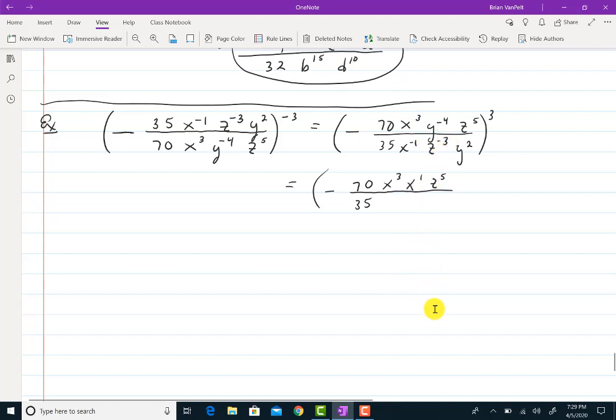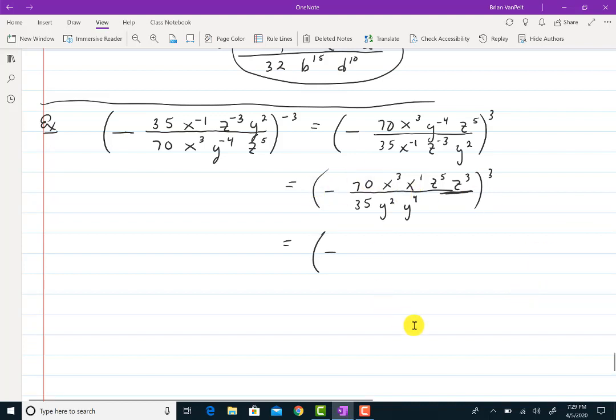Z to the -3, I'm going to bring up top and make it z to the 3rd. And then, let's see what else. I've got my x and the z. This y to the -4 will come down. Let me put the y squared first, and accompany the y squared that's already down there. This is to the 3rd power. Let me simplify as much as possible.